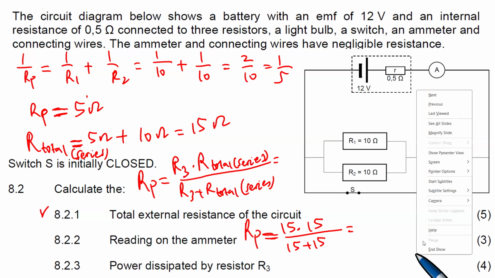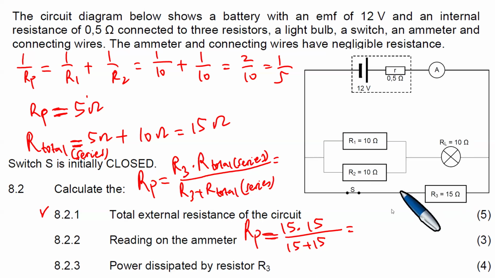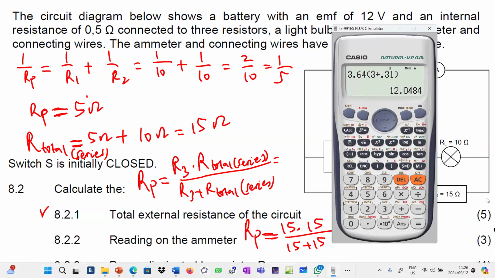Right, so let's use a calculator here. 15 by 15 divided by 15 plus 15, which is 7.5.